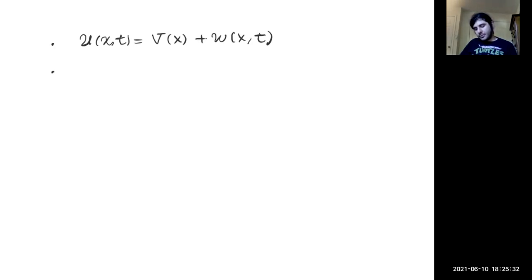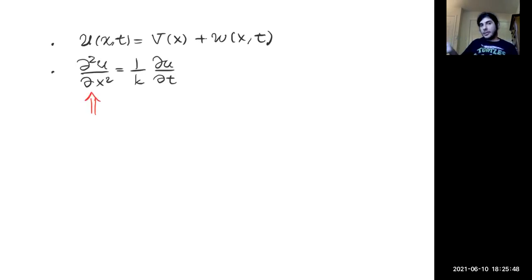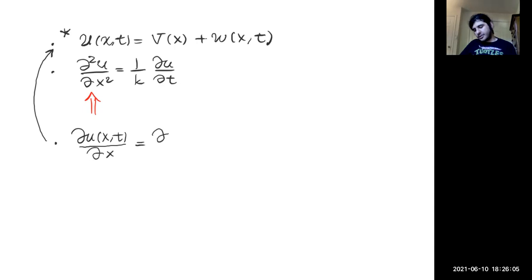So our equation was the second derivative of u with respect to x is equal to 1 over k times the derivative of u with respect to t, right? Now let's compute these terms and see what they are with respect to w. In order to do that, I would take the derivative with respect to x of this equation star we have here. So the derivative of u with respect to x is equal to the derivative of v with respect to x plus the derivative of w with respect to x, right?